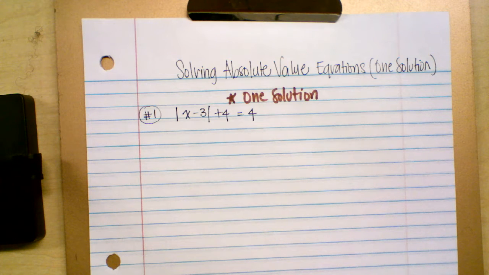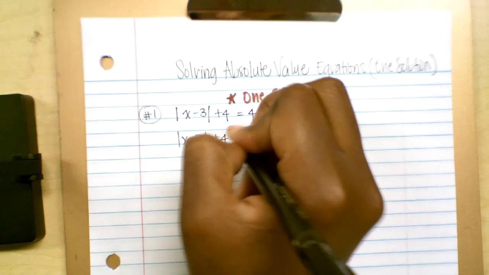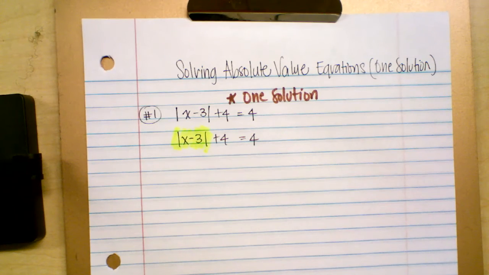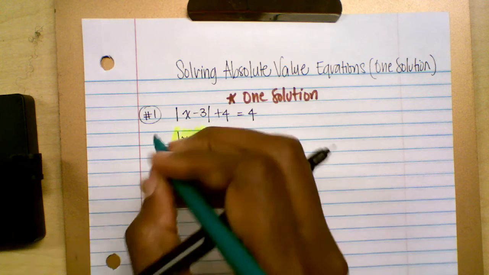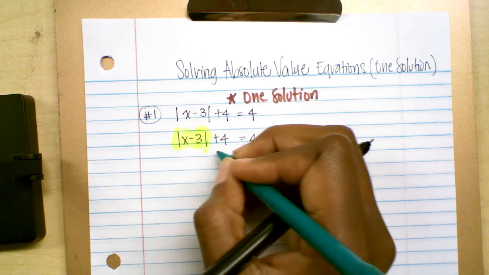Let's follow the steps to solve an absolute value equation. The first step: let me rewrite the equation. We want to isolate the absolute value. So let me highlight the term that you have to isolate. To isolate the absolute value of x minus 3, I have to subtract a positive 4.